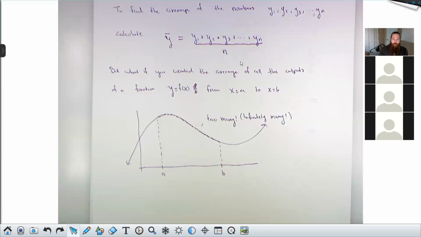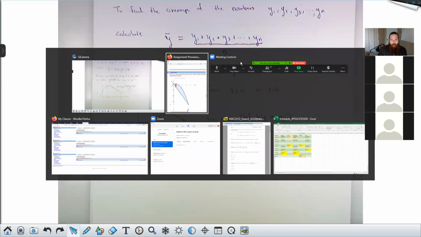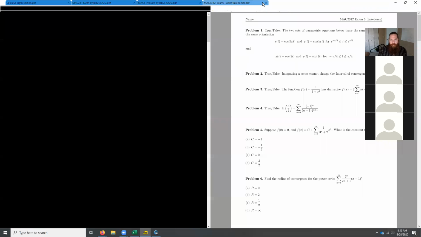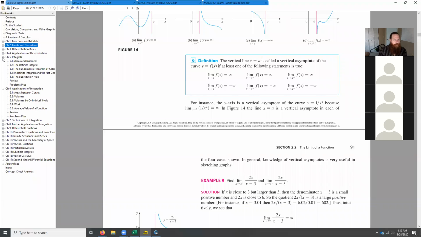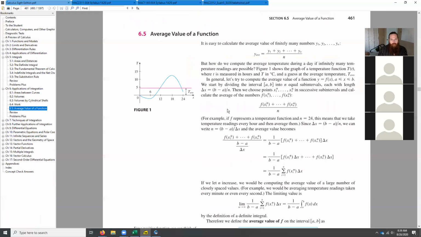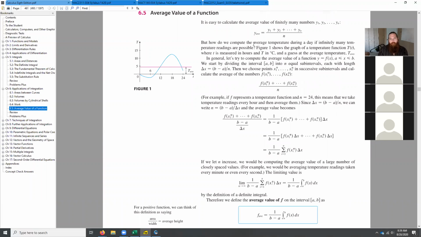But we do have a notion of summing all the values of a function. It's called an integral. That's what your integral does. So I want to show you in the textbook because I think it does a little better job illustrating some things. So this is the idea here. Your normal concept of average is the one that we just showed.